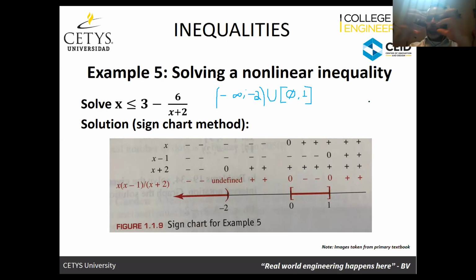A number can't be part of both of them; it's either one or the other. So always when we have many intervals, we join them in the solution this way. And so this would be the final solution to the problem, and we're representing it in the number line, and also as an interval.